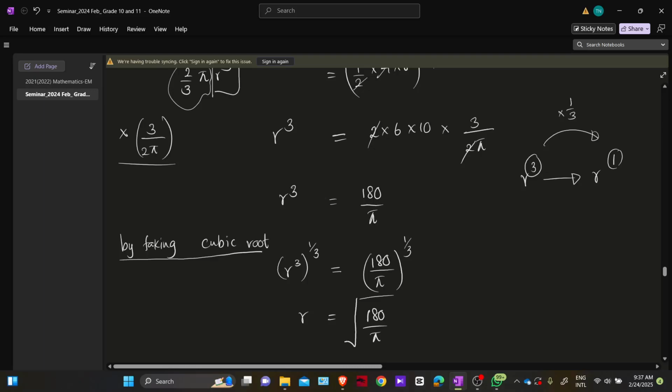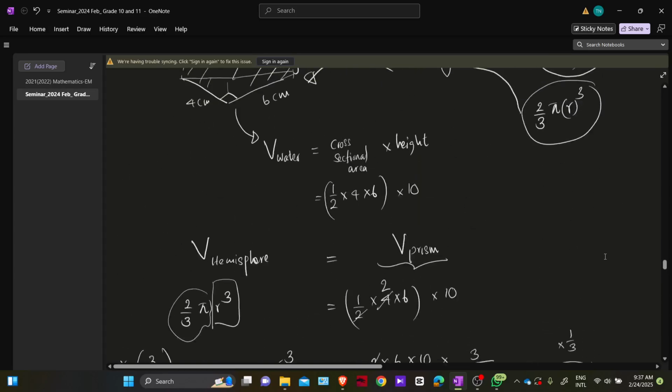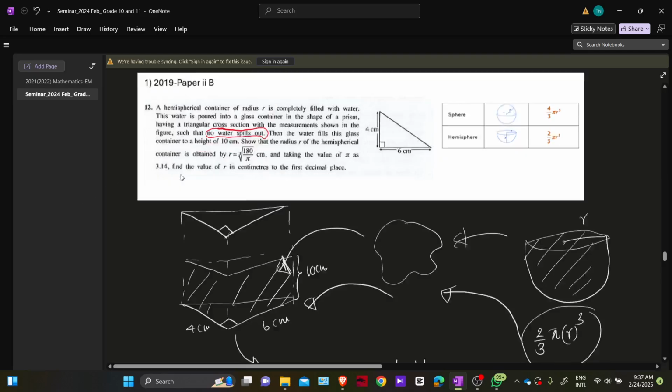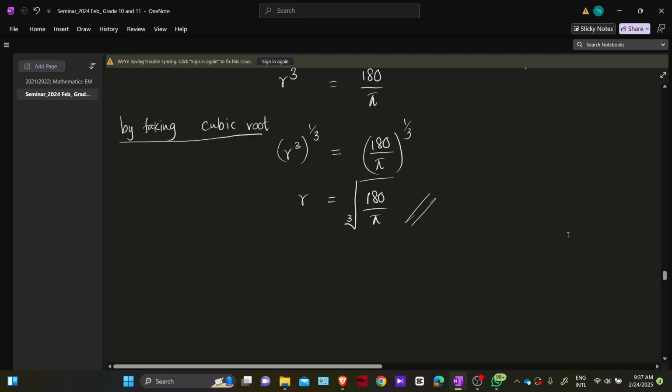You can use the radical sign. Radical 3 is there. That's the answer they want. Now the basic part is done. Then they say by substituting pi as 3.14, we need to find the value of r. We need to find the numerical value.